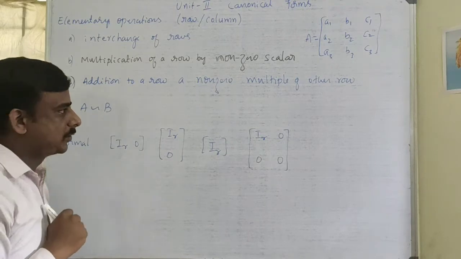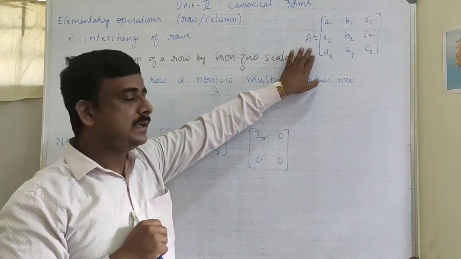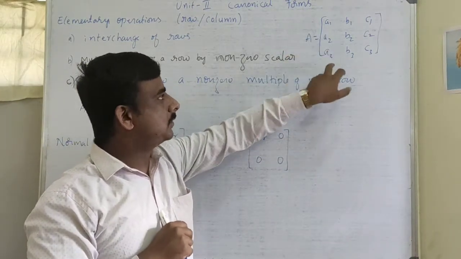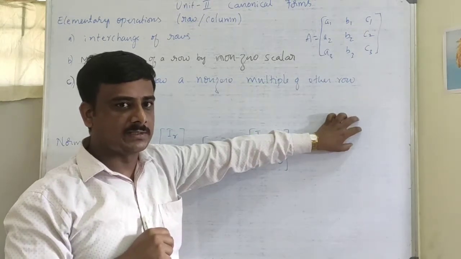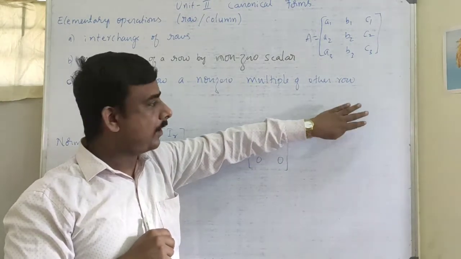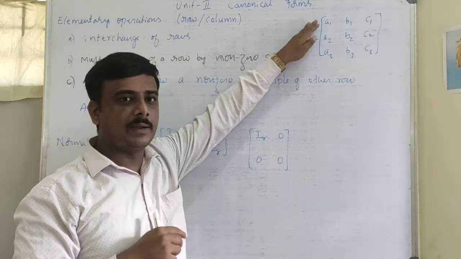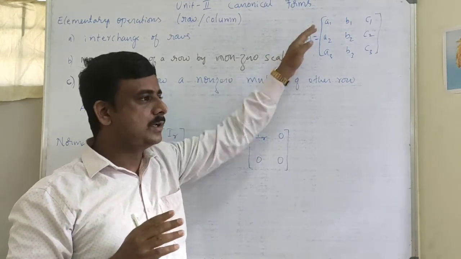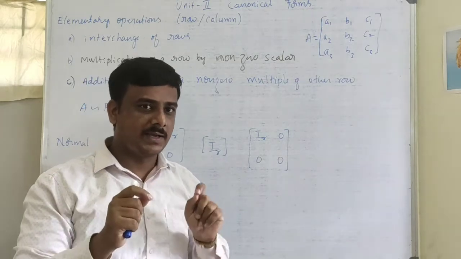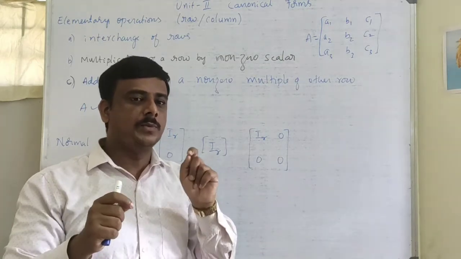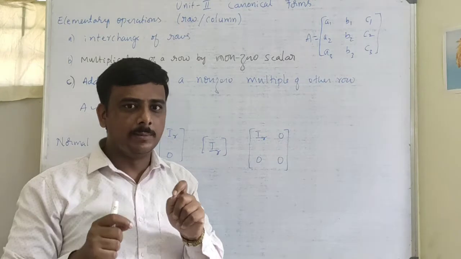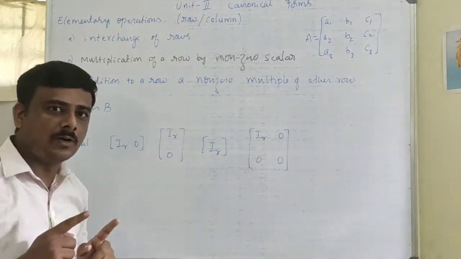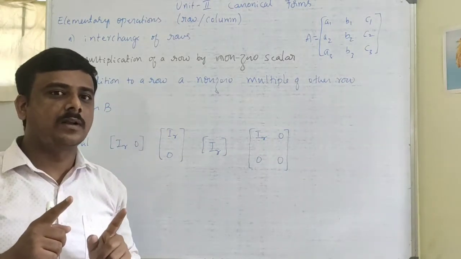Now suppose I have two matrices. Suppose I have this matrix. Interchanging two rows, I get another matrix that I'll call B. Now B is obtained from A by applying row operations, or simply elementary operations. So if you have two matrices A and B, such that one is obtained from the other using elementary operations, then we call those two matrices equivalent.